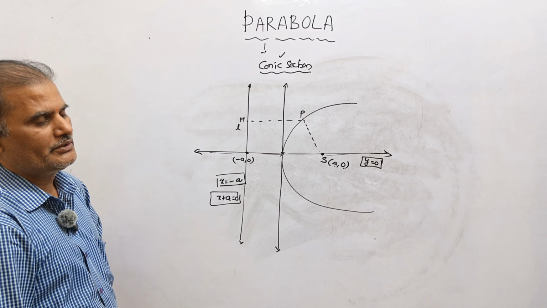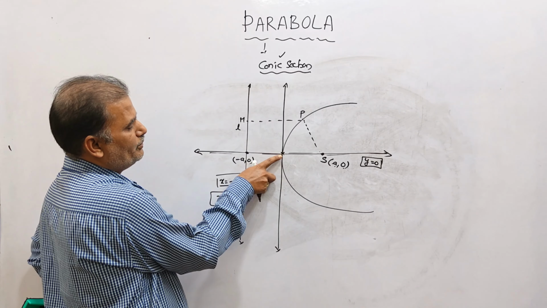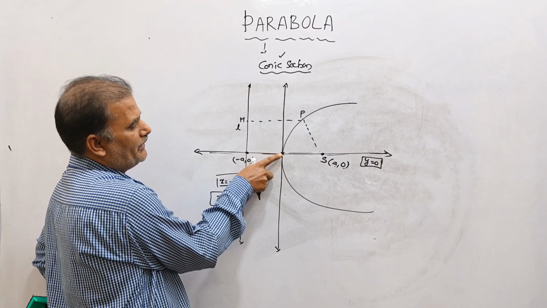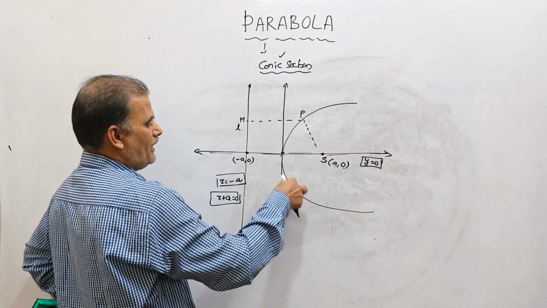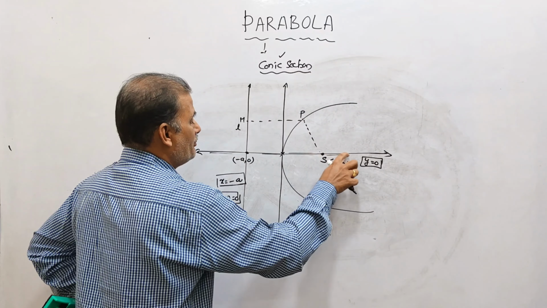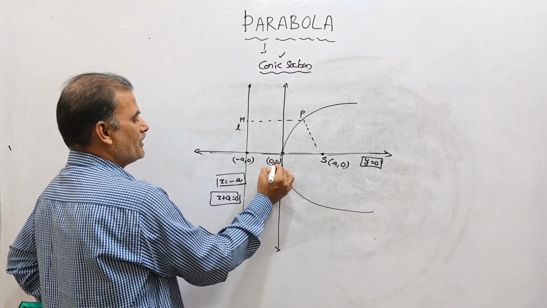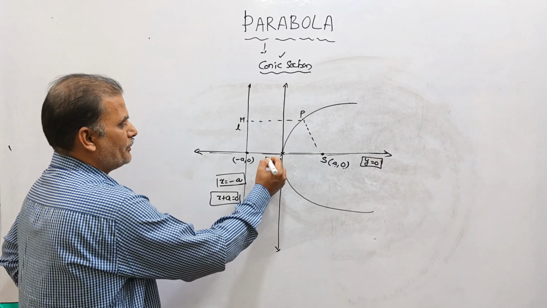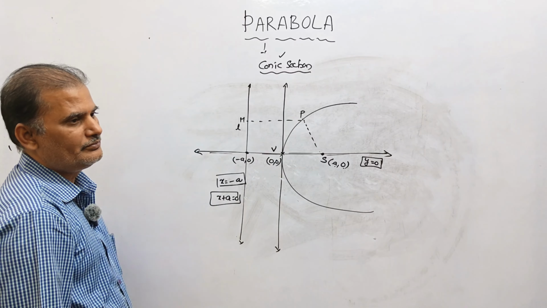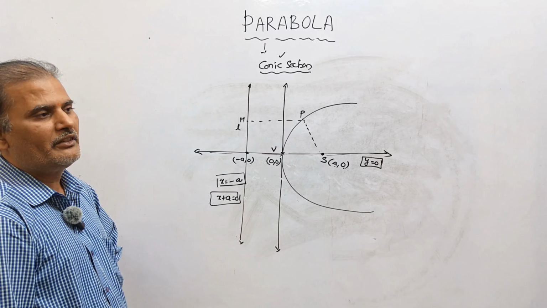That is the axis. The point of intersection of parabola with the axis of parabola is called the vertex. Vertex is always 0, 0. It should be represented by V. Now the third definition, vertex, is completed.